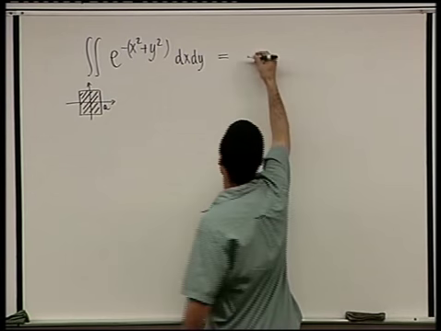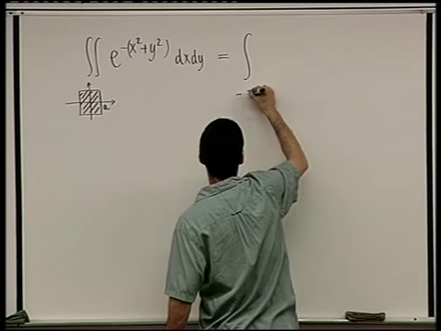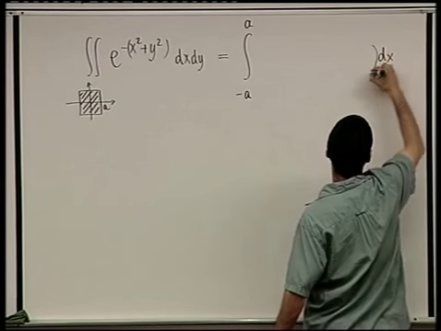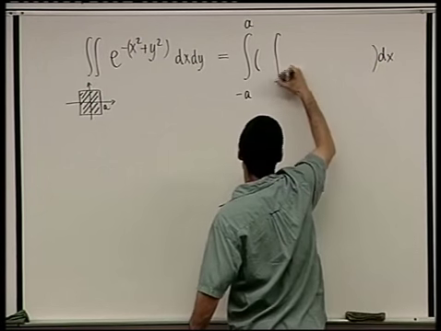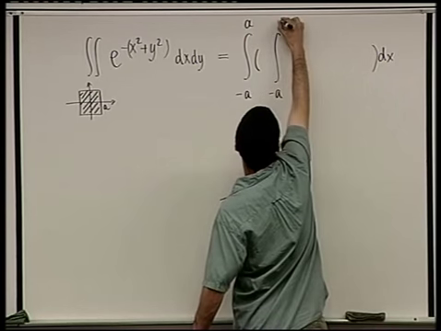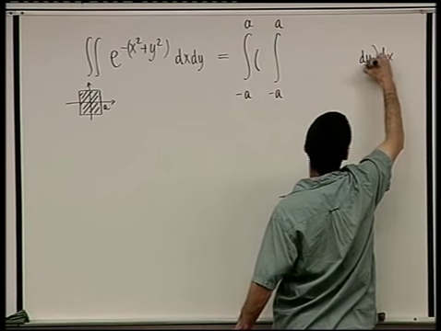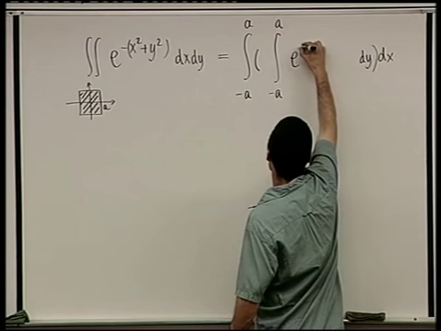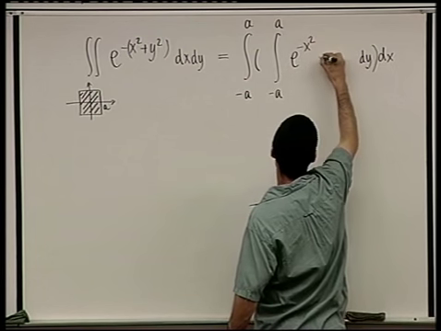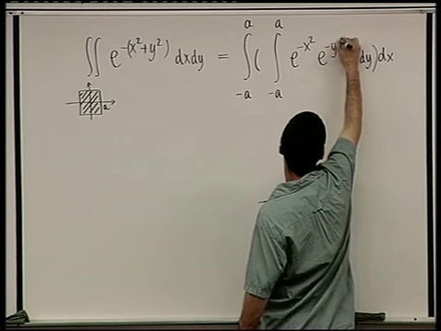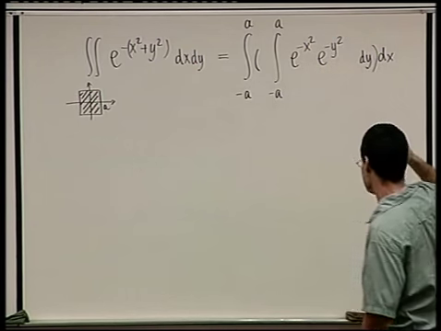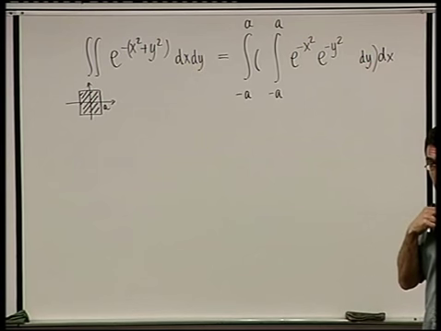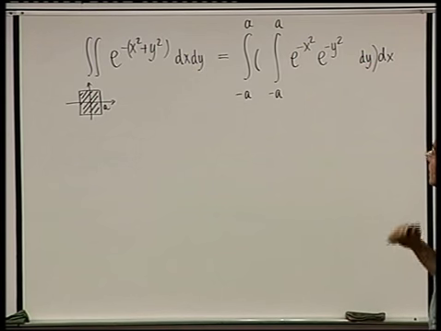So I can write it as the integral from minus a to a dx of the integral from minus a to a dy of the function. And let me write the function e to the minus x squared times e to the minus y squared. Do you agree? Everybody? Okay.